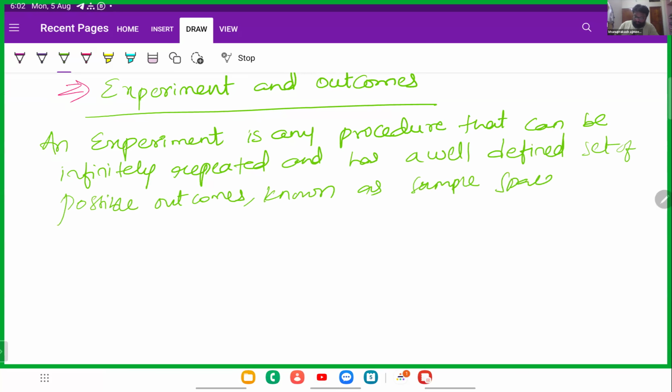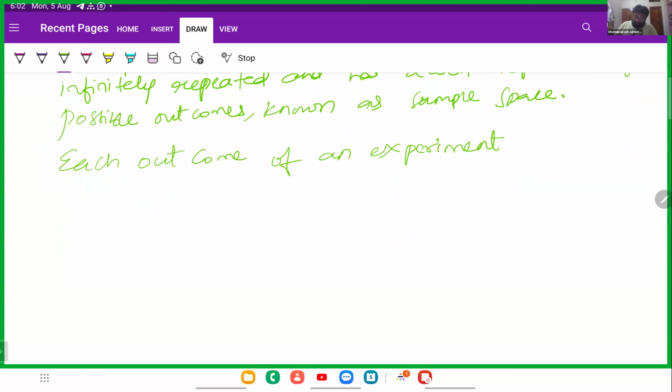Each outcome of an experiment, or a collection of outcomes, is an event.